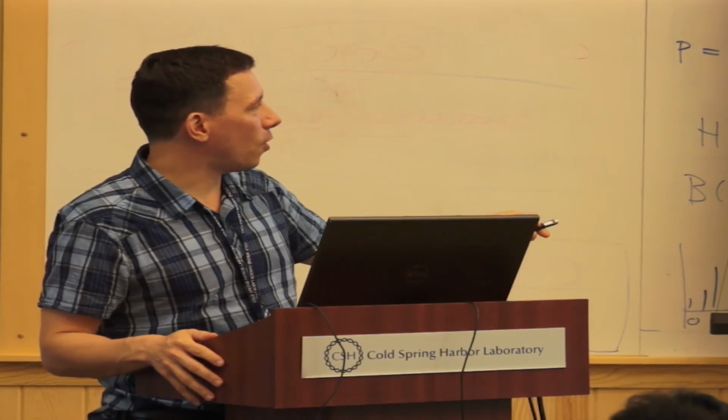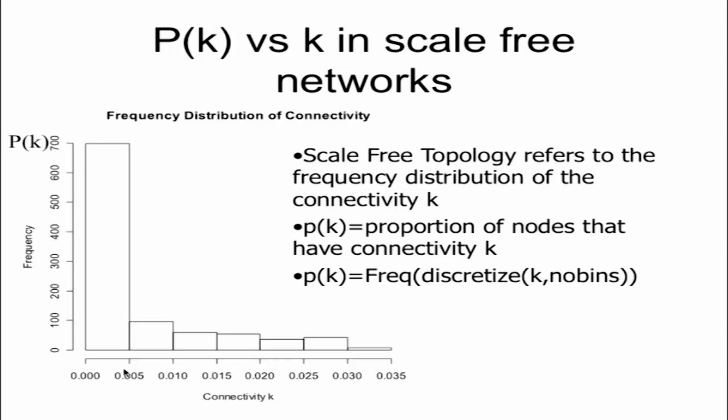So often we want that most genes have a low connectivity. Why? Because a substantial number of genes don't do anything. They shouldn't interact. And so then you would like to see this type of a histogram. But it does happen that sometimes you don't get this histogram. You actually get that most genes are hub genes.